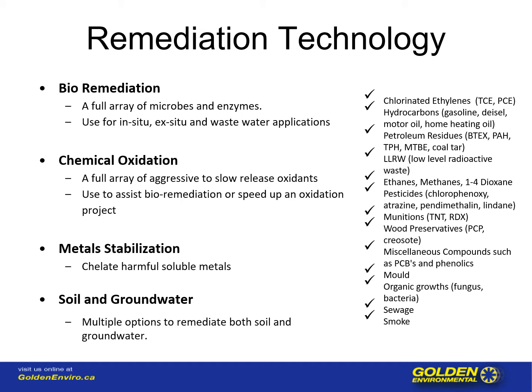We can use aggressive oxidants in certain situations where the infrastructure allows us to, speeding up that process and saving money. Relative to buildings and infrastructure, we use slow release oxidants so that we do not damage such infrastructure and homes, yet it is still relatively quick compared to bioremediation. We also do metal stabilization as well, which is a very different process.